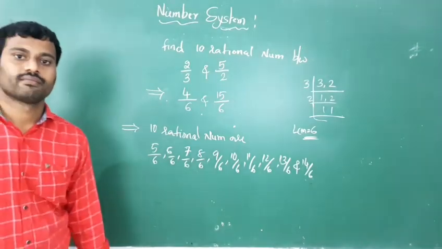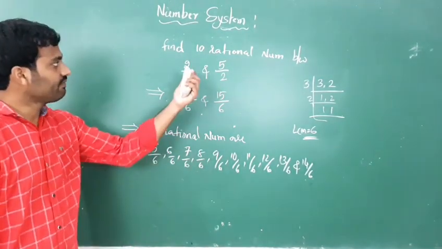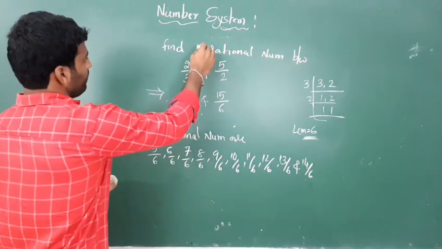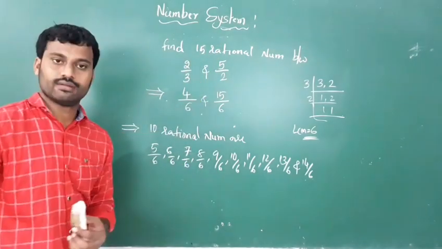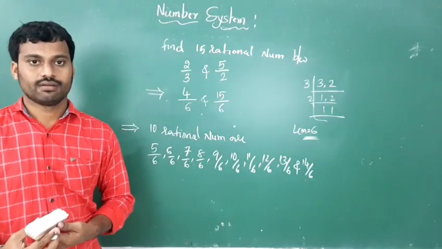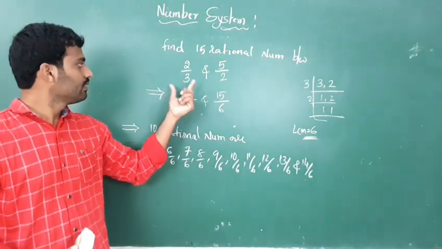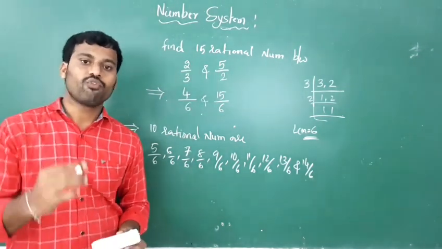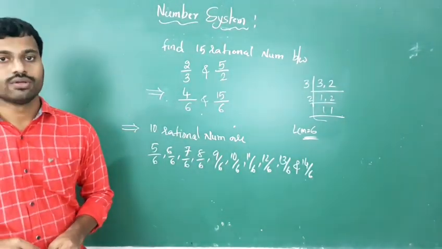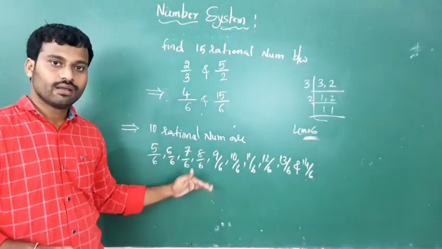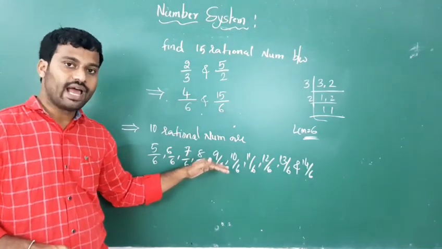Suppose instead of 10, they are asking to find 15 rational numbers in between 2 by 3 and 5 by 2. In that case we can't go with this one directly. It is the same procedure, only one more extra step we should add.